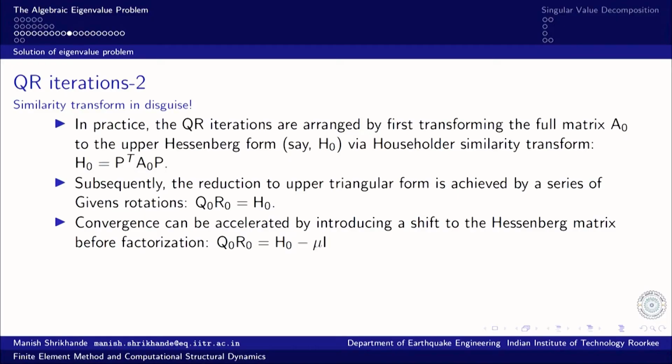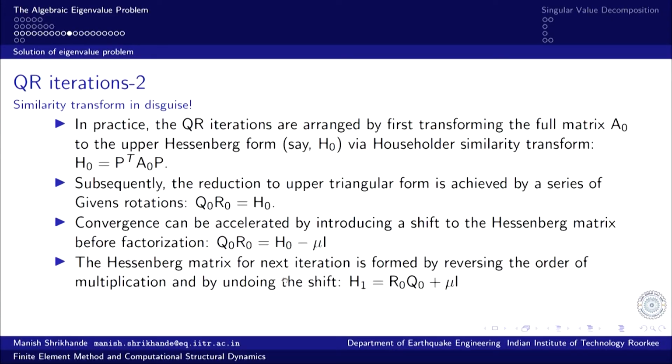Now, convergence can be accelerated by introducing a shift to the Hessenberg form before factorization. So, instead of H 0 we can factorize H 0 minus mu I, where mu is the estimate of an eigenvalue.